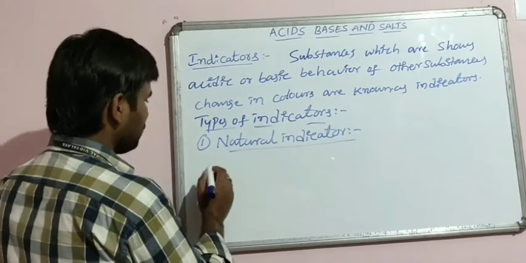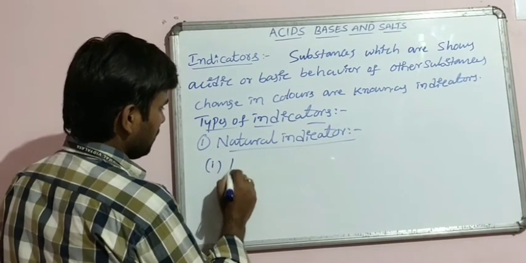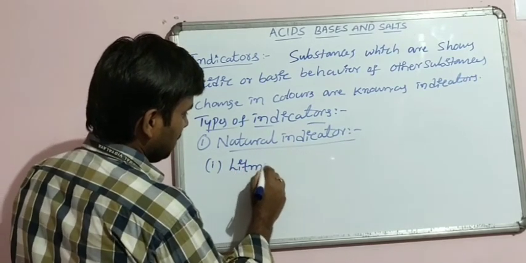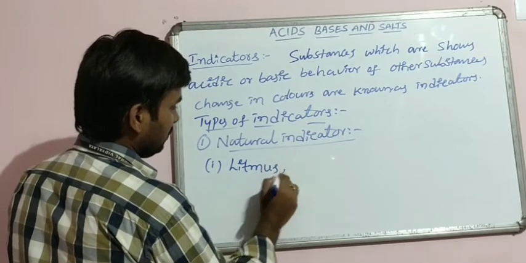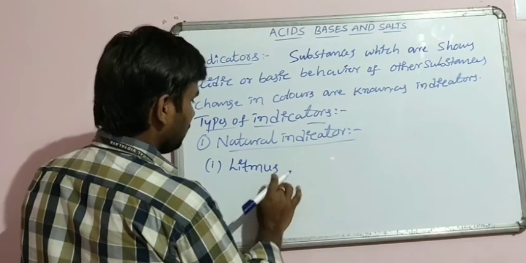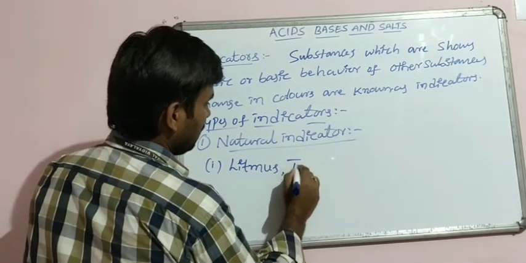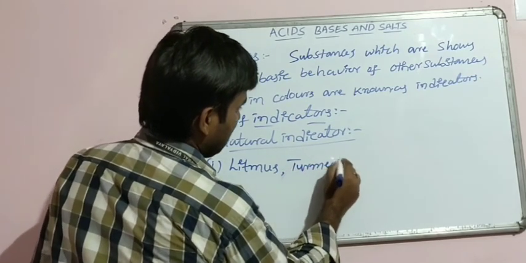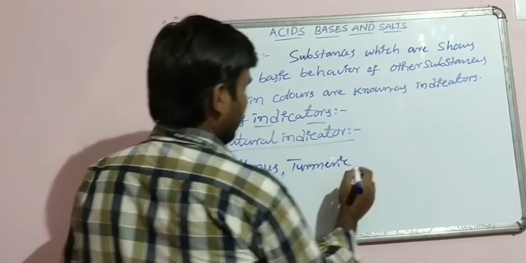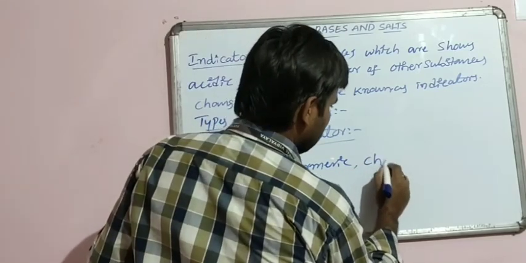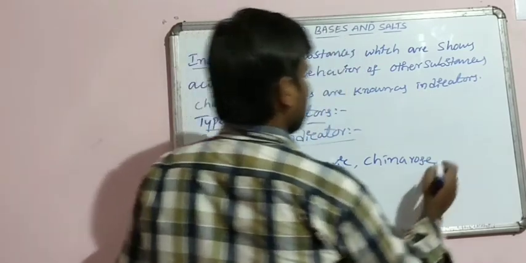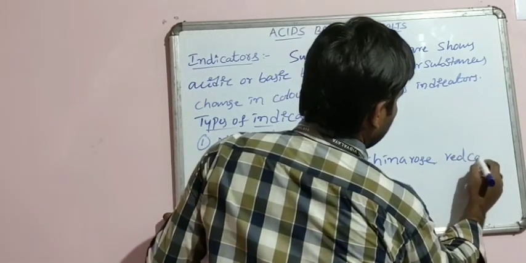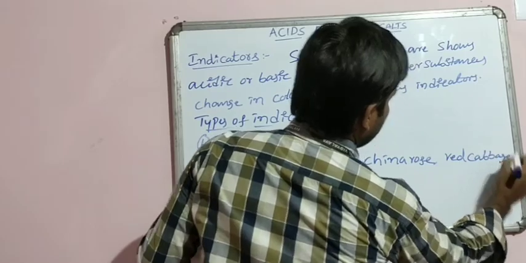Examples here. First one, litmus, turmeric, China rose, red cabbage.